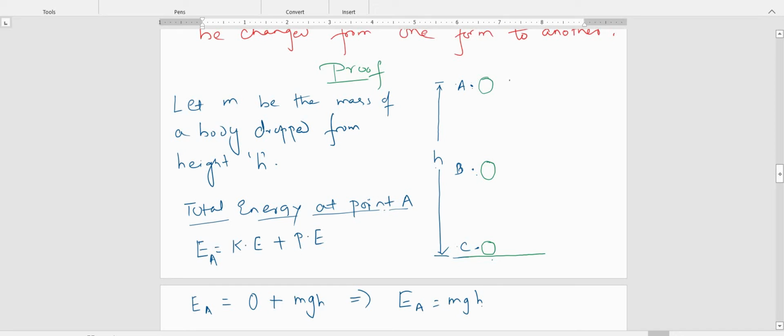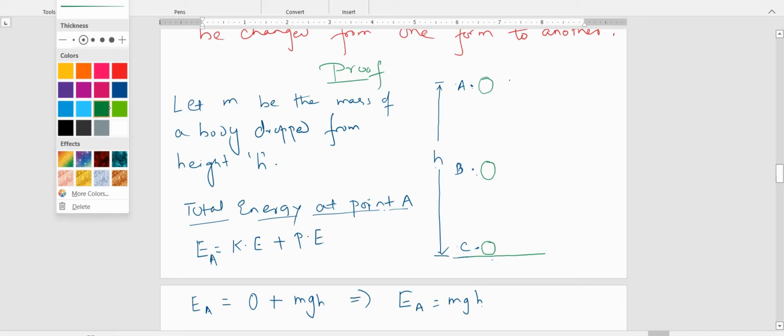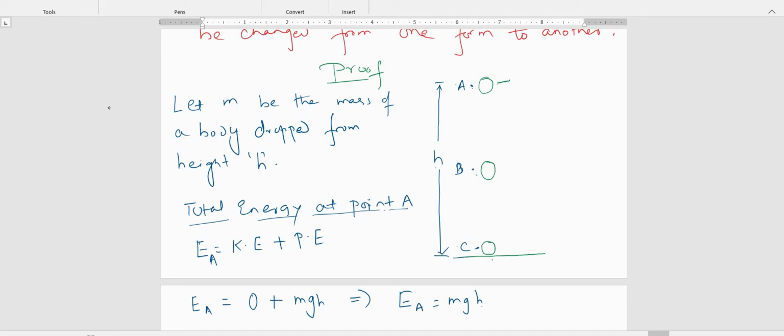Okay, now we'll see what is the total energy at point B. Now the ball has been dropped from A to B. Let the distance from A to B be x. So how much distance has it covered? X distance. Now we'll calculate the velocity of this object at B. In the journey from A to B, initial velocity is 0, and the velocity at B is the final velocity.